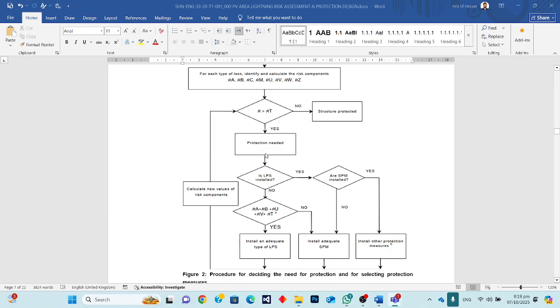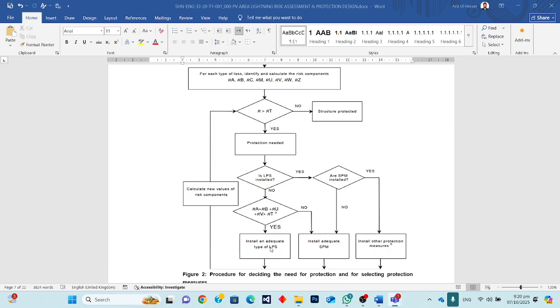If protection is needed, is LPS installed? Yes or no. If yes, are such protection measures installed? Yes or no. These are the process. If is LPS installed? No. Are RA plus RB or RU or RC greater than RT?